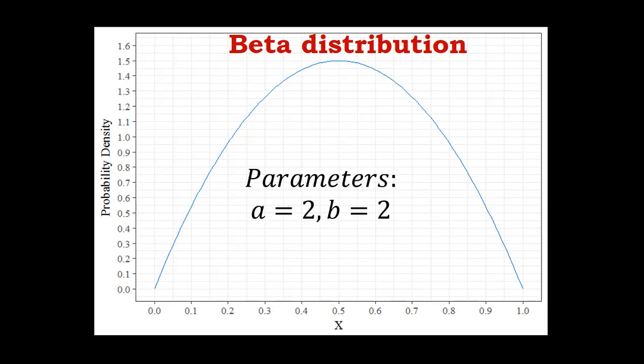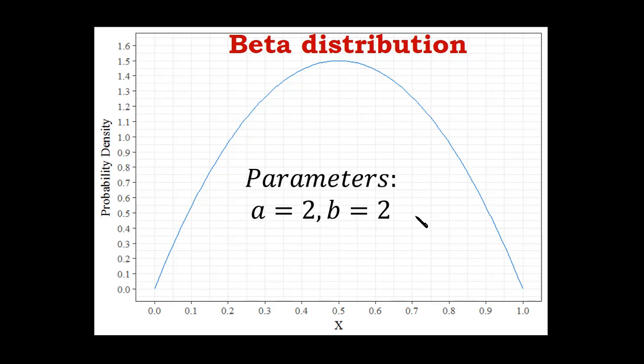Imagine that instead of trying to calculate the probability that the drone will land in one area, what we have is some data. In this case, we've got the parameters a equals 2 and b equals 2, sometimes called alpha equals 2 and beta equals 2. This tells us that we observed 2 landings in one region and 2 landings in the other region.